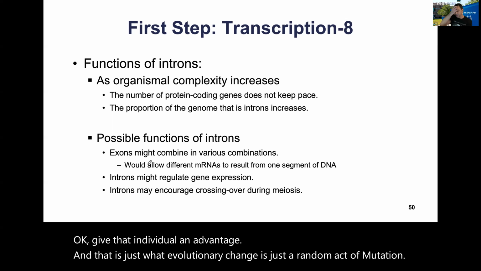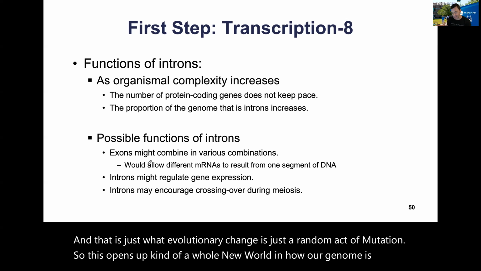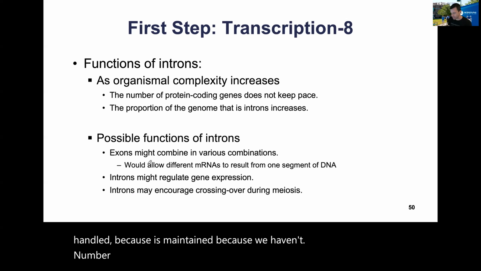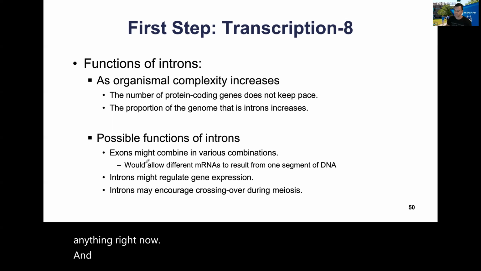So this opens up a whole new world in how our genome is handled and maintained, because we have a number of regions. The vast majority of our DNA doesn't actually code for anything right now, and it takes millennia for this stuff to adapt and change.